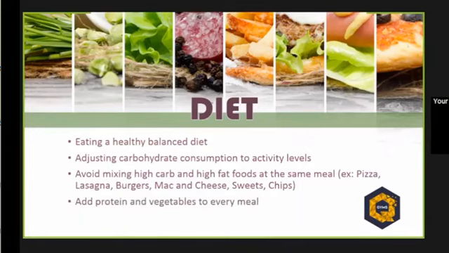Now, another important one: adding protein and vegetables to every meal. Each food has something called glycemic index, a measure of how much insulin is needed to account for that amount of carbs and to shuttle it in.